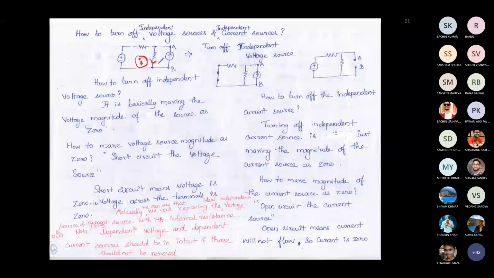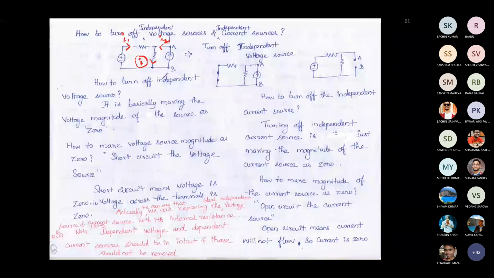So the current through this resistor is the summation of I1 and I2. When you have multiple sources, the resultant will be the algebraic sum of the individual contributions.